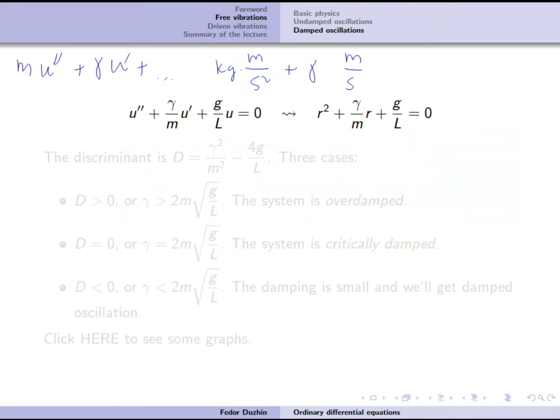Now for the whole thing to match, gamma has to be measured in kilograms per second, right? So this is how we can figure out that the damping constant gamma is measured in kilograms per second. That's the answer to the first question.